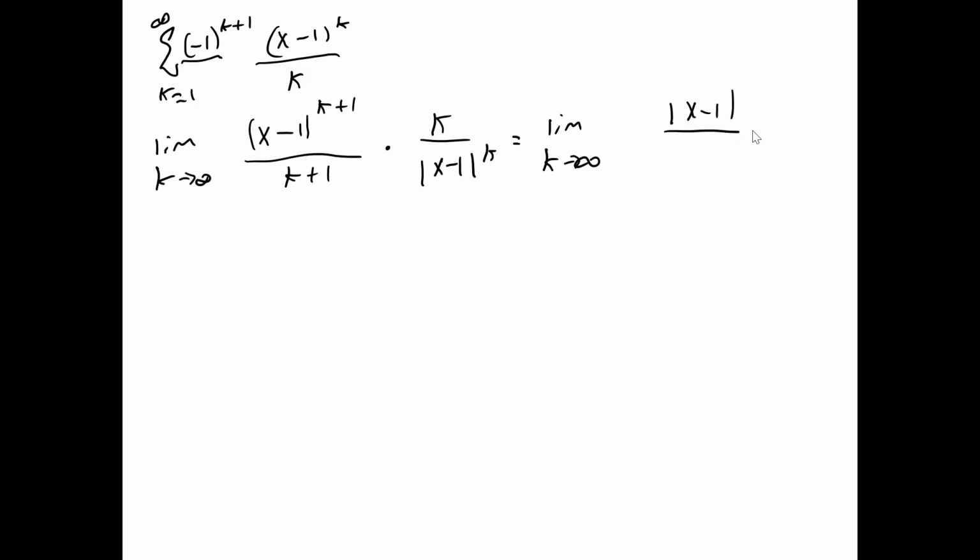And you just get the absolute value of x minus 1 to the k plus 1 all over k plus 1, and you're multiplying that by k over the absolute value of x minus 1 to the k. Then this becomes the limit as k goes off to infinity. Subtracting the exponents, you end up with the absolute value of x minus 1 times k over k plus 1.